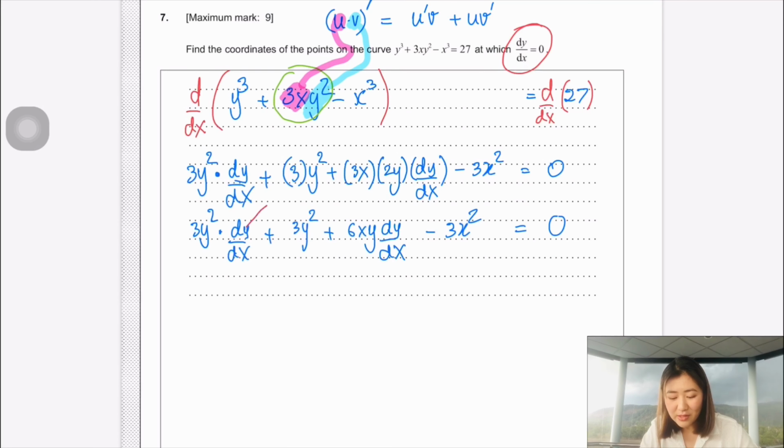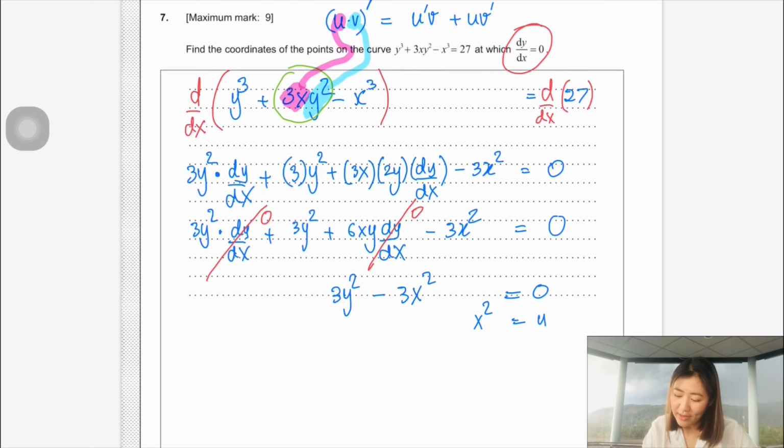So we can change this one to be 0, this also 0, so the whole term here is gone, this term also gone. So you have 3y squared minus 3x squared equals 0. All right, so we divide everything by 3. You're gonna get x squared equals y squared. So it means x equals plus minus y. Okay, and not finished.